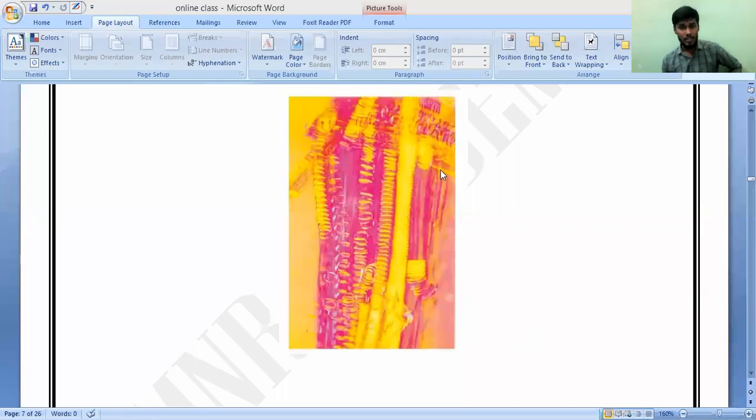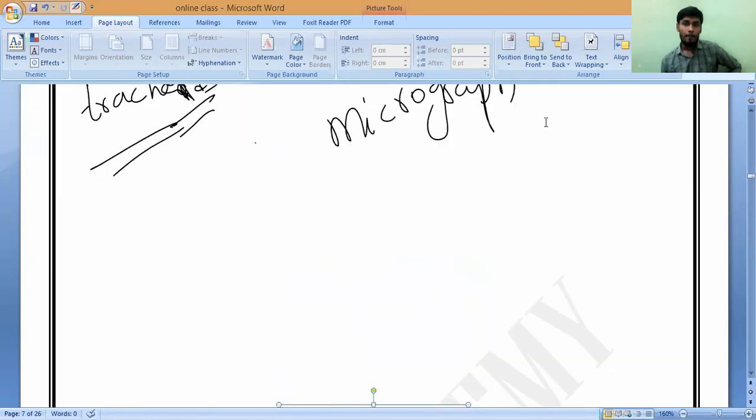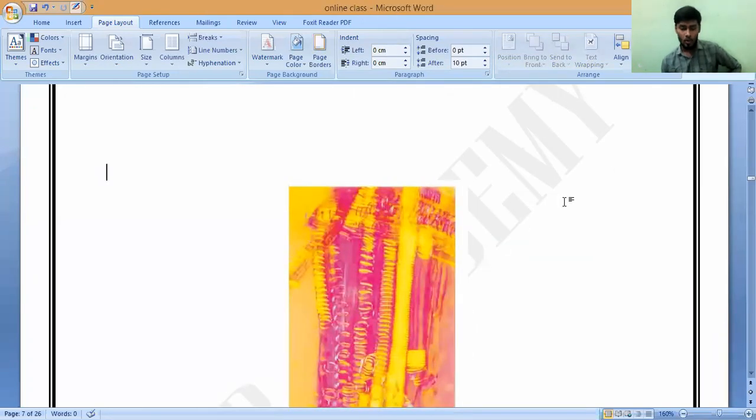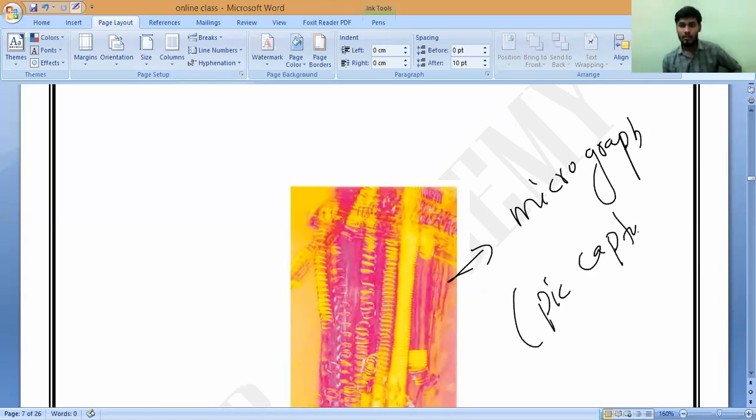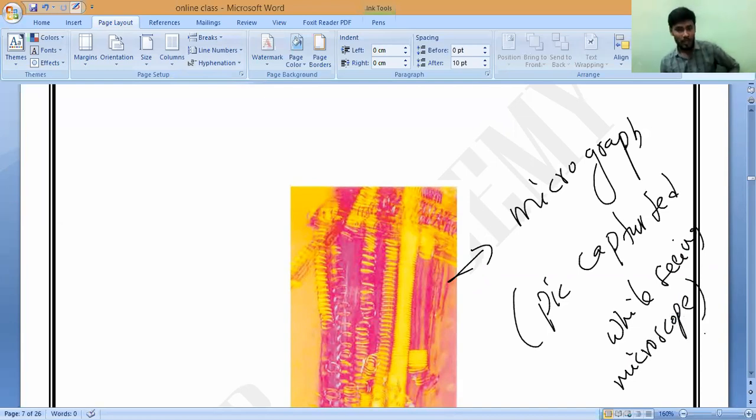In the same way, this picture is called a micrograph. It is captured while we are seeing the xylem vessels through the microscope. That is why it is called a micrograph.